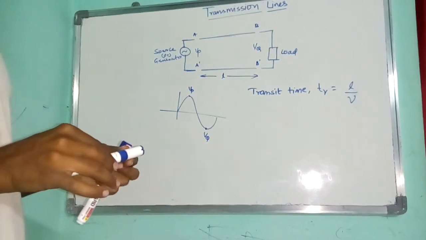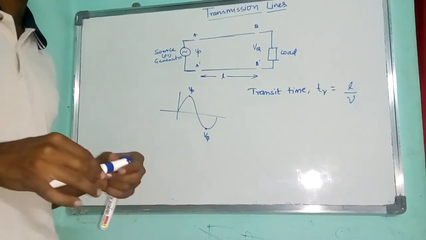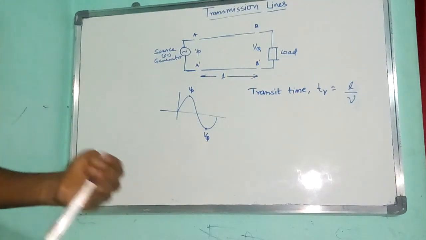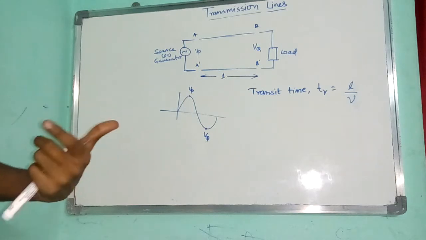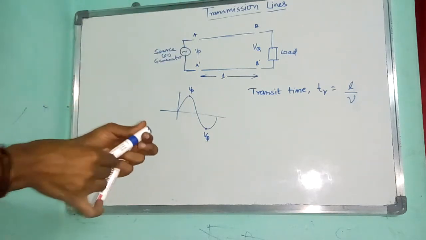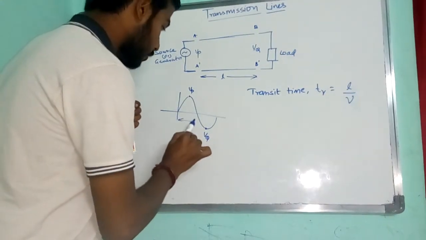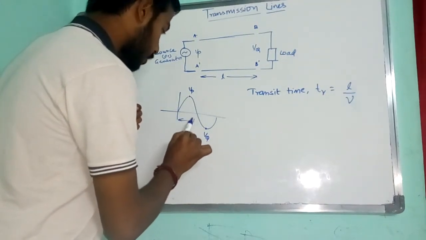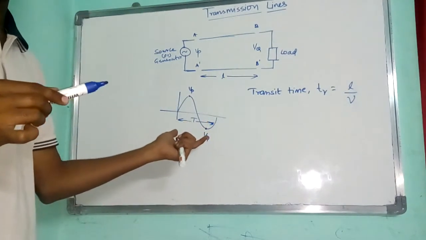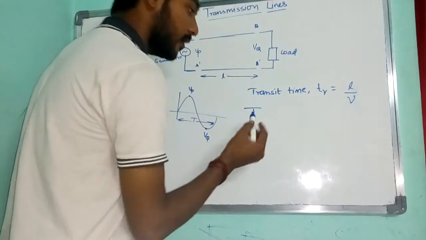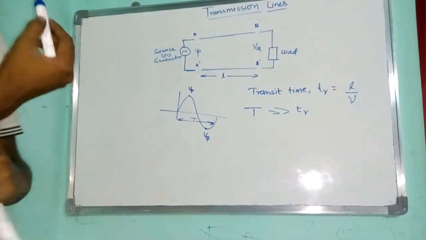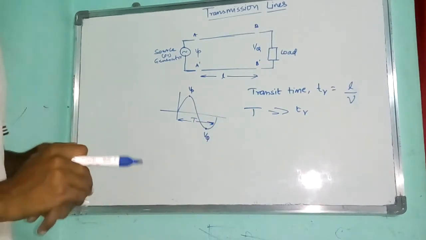We can ignore the transit time in only one condition: when the time period of the wave is far greater than the transit time. That means if this is the time period of the sinusoidal wave, and it is far greater than the transit time, then we ignore the transit time effect.